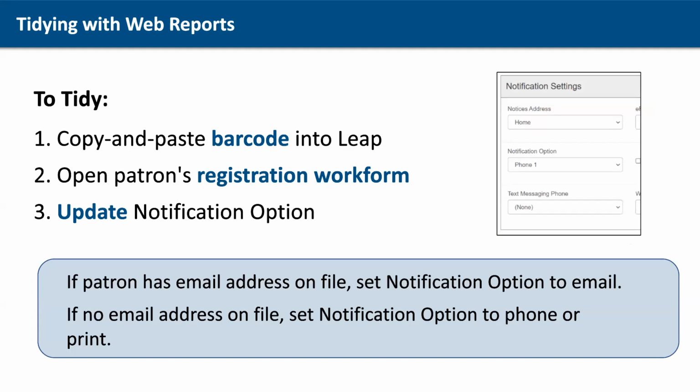Otherwise, you can set the notification option to phone or print, if print is a more comfortable option for you. This is pretty obvious, but I would avoid selecting anything related to text messages, since you need to know the patron's carrier.